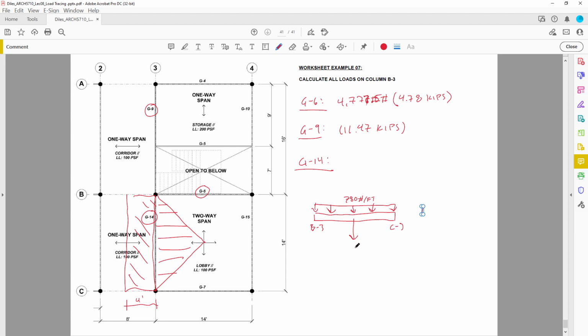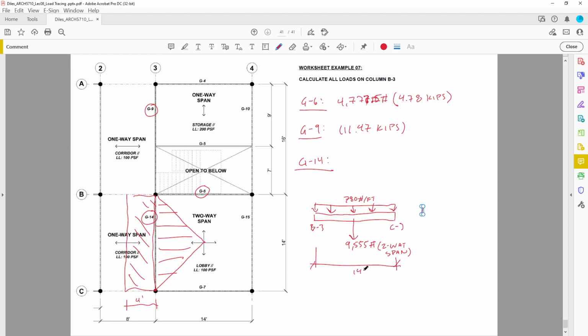There we go. So this is 9,555 pounds. This is our two-way span load. And then our 780 pounds per foot, what is this? I think we did figure it out before, but we can figure it out again.